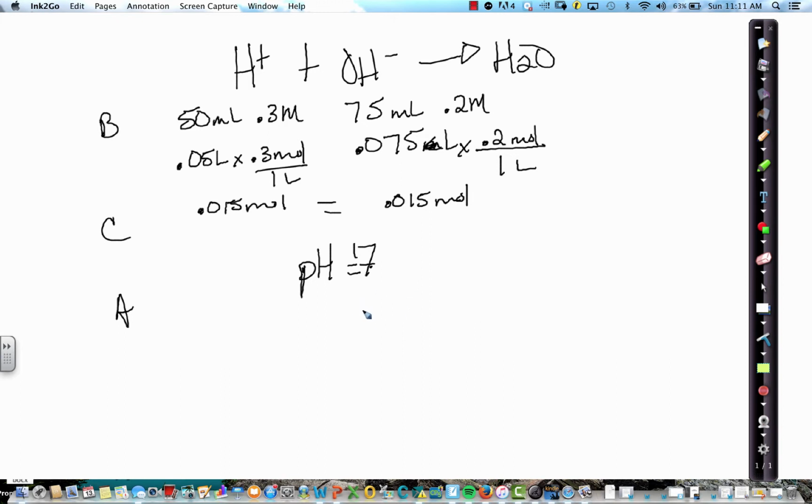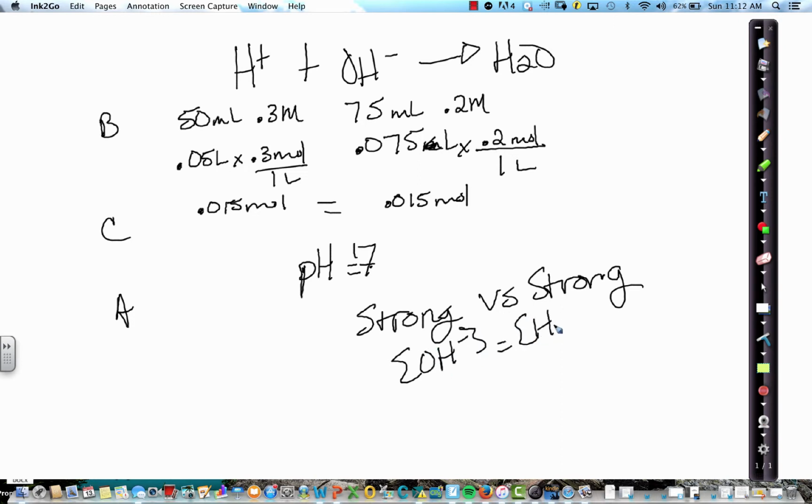So when you have a strong versus strong, when the concentration of the hydroxide is equal to the concentration of the hydronium or the hydrogen ion, however you want to look at it, then you have met your equivalence point, which will be 7 when it's a strong versus strong. So really, you're looking at the pH of water because remember, your pH of water will be equal to 7 when the hydronium and the hydroxide are equal to each other. So our pH should be 7 here.